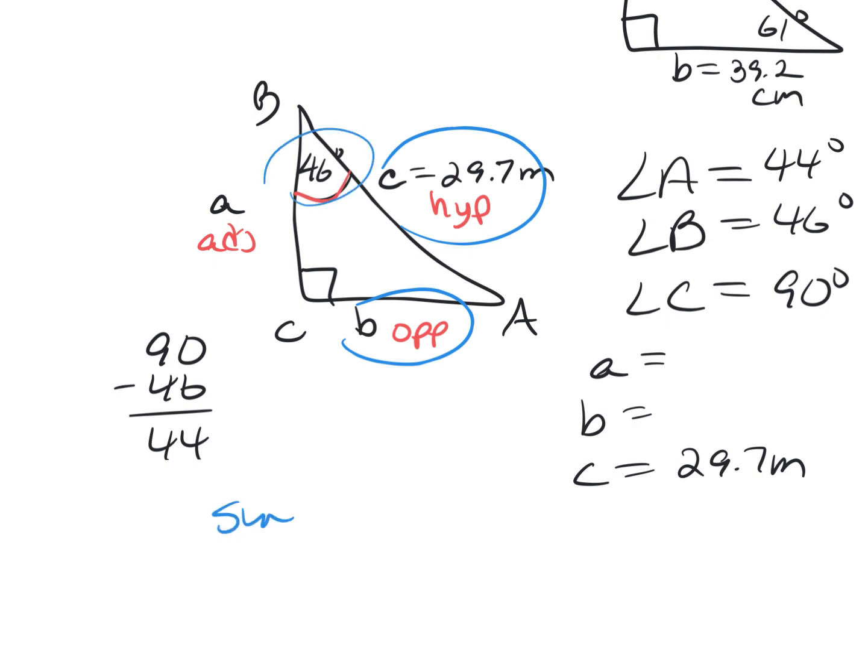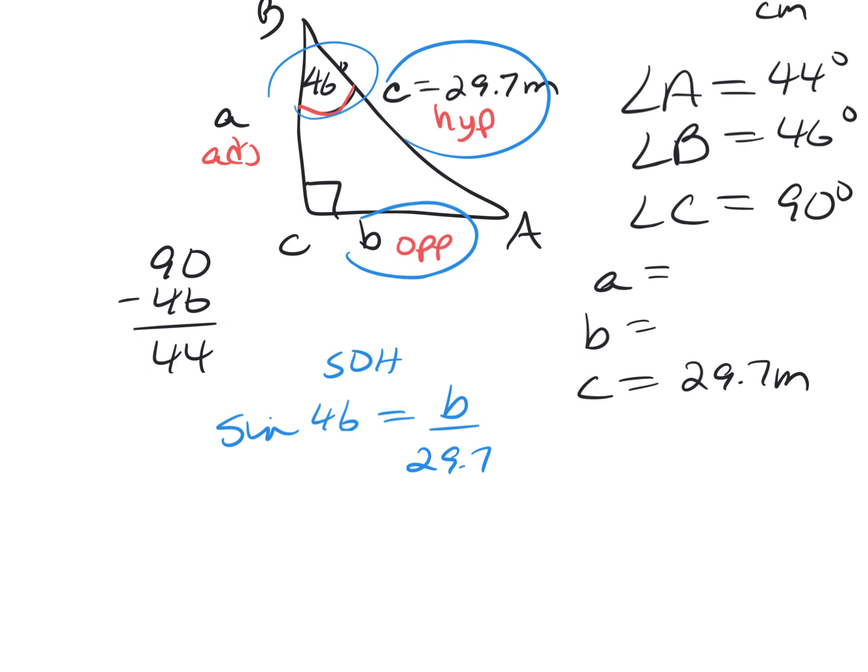So the sine of 46 equals opposite over hypotenuse. So I'm going to multiply both sides by 29.7. When the variable's in the numerator, you're multiplying to solve. And then you get lowercase b is 21.4 meters.